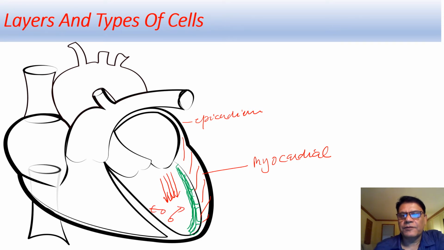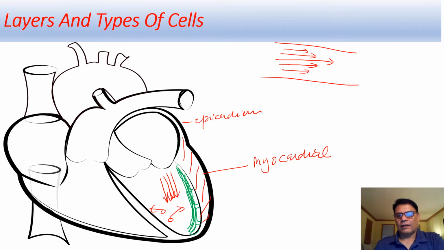So there are two types of flow. Number one, laminar flow. Laminar flow is the flow in the form of layers. This is the smooth flow, and in the center the speed of the blood flow is high. As we go further, it slows down. So that's laminar flow.